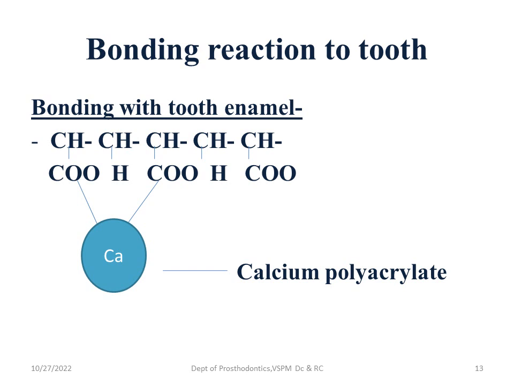So when the mixed cement is placed on the tooth enamel, chemical bonding, that is adhesion, takes place between the calcium of the tooth enamel and the cement component, that is calcium polyacrylate chain formed by the carboxylic group which is not involved in the setting reaction. This carboxylic group which is not involved in the setting reaction gets cross-linked with the calcium of tooth enamel to form the calcium polyacrylate. So this way the bonding occurs with the tooth enamel.